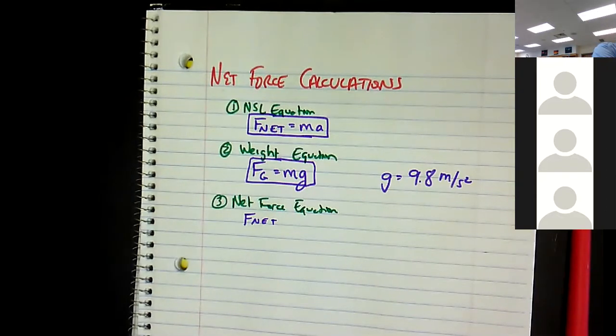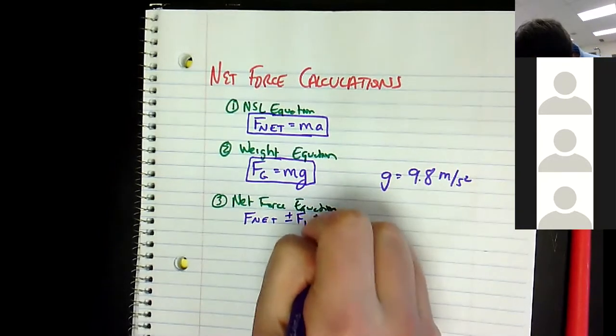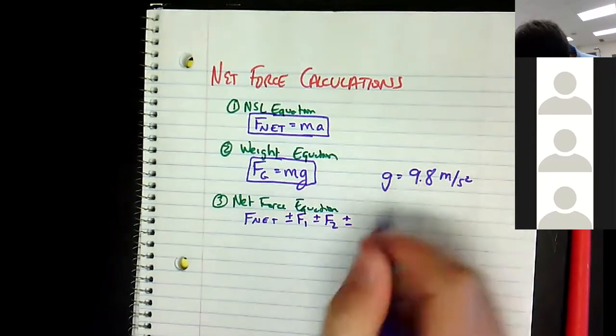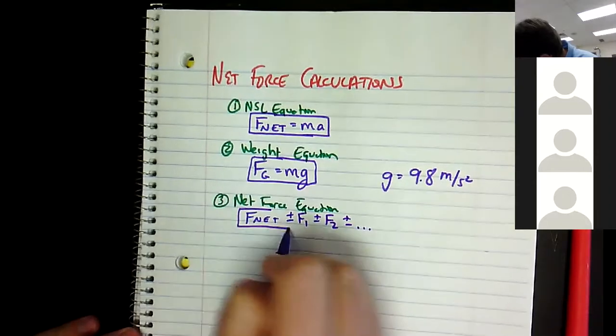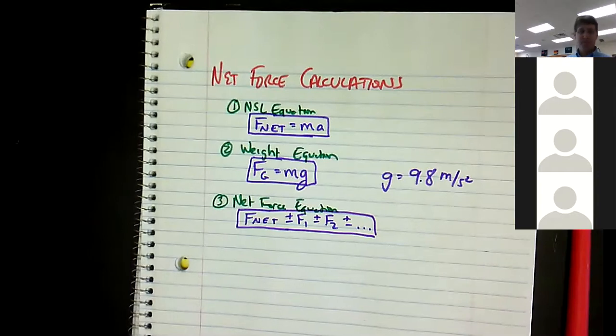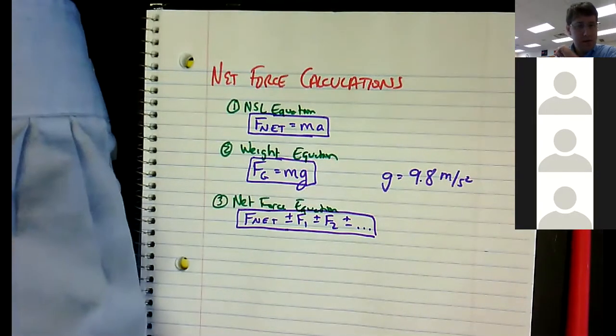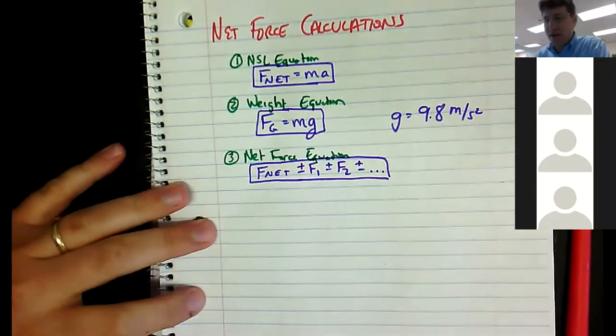F net equals plus or minus F1, plus or minus F2, plus or minus dot, dot, dot. All right. Those are the 3 equations you need.